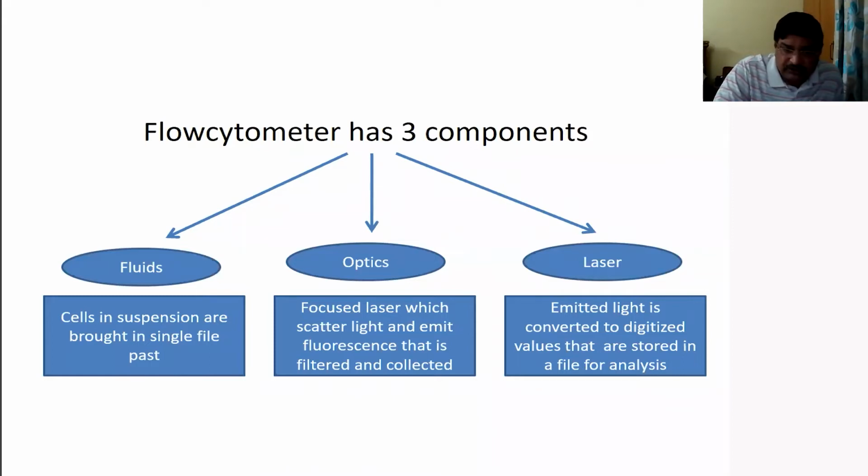In the optics, you have lasers which are directed to the flow of the cells, and you get scatters. It could be forward scatter, it could be side scatter, and based on that, you have populations of cells on the scatter plot. The current generation of flow cytometers usually have 3 lasers, and they emit light. Through the photomultiplier tubes, you collect those cells based on the color of the fluorophore or fluorochrome on the CD marker. So the more colors, the more fluorochromes being used in the antibodies. Next.